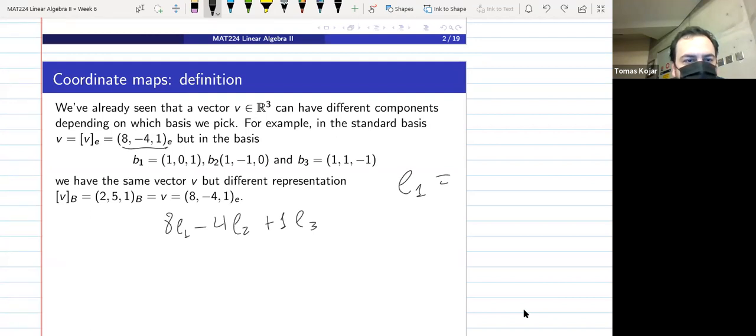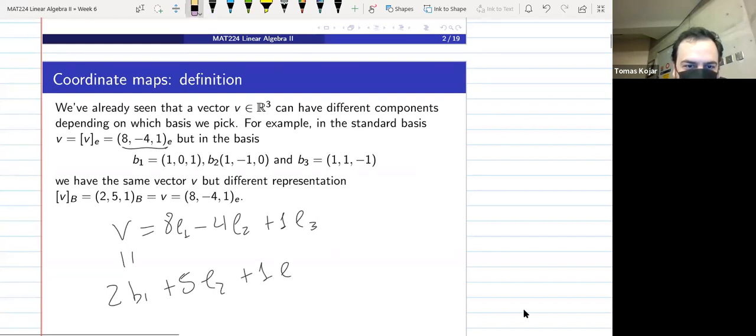So let's see. Right, so the claim is, V, let me do it this way. V is equal to this, and V is equal also to 2 B1, 5 B2, and 1 B3.